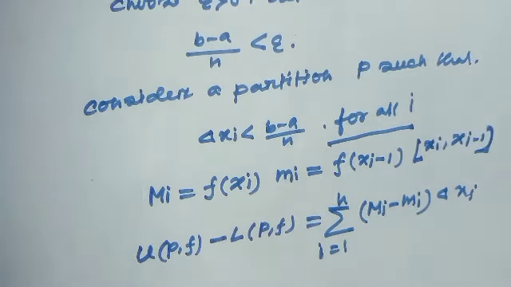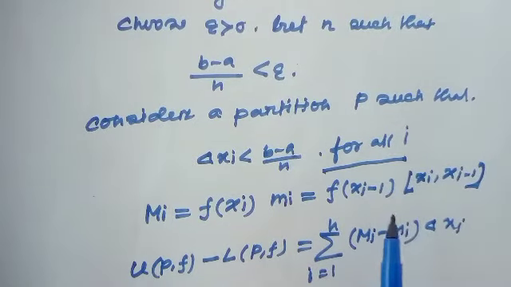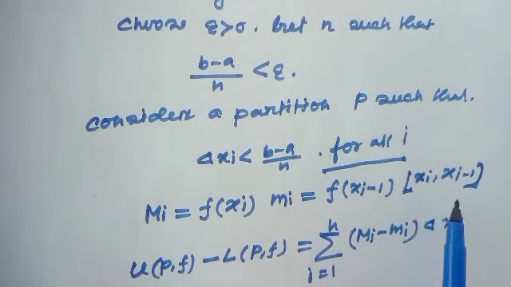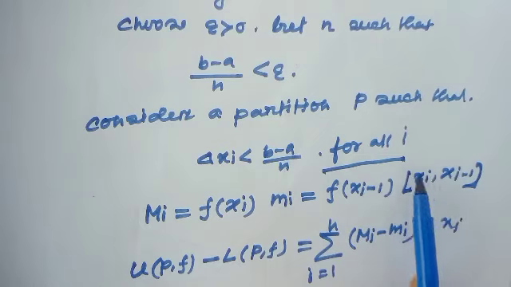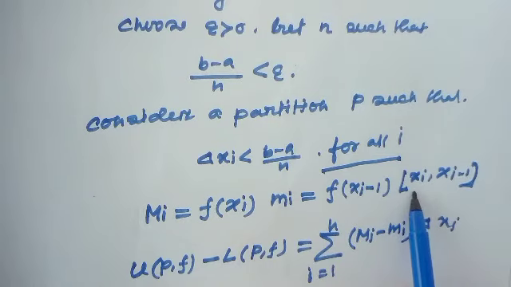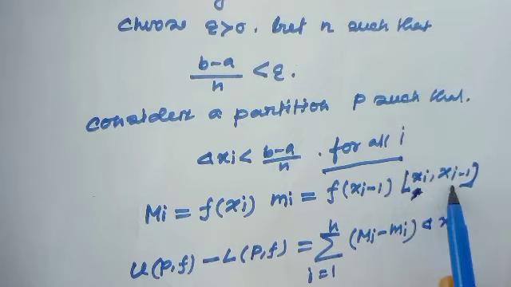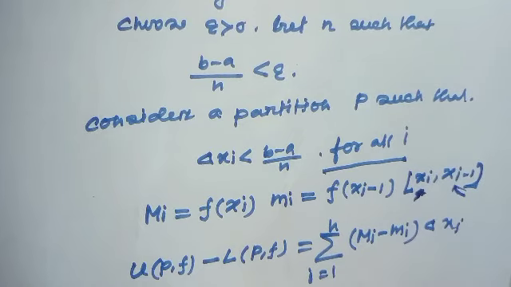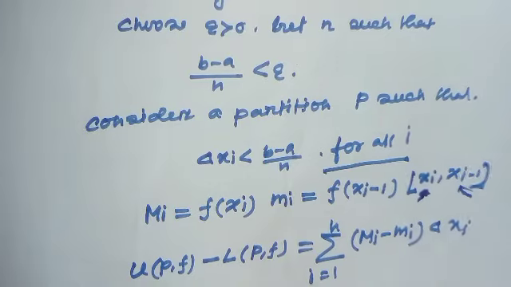Then the difference UPF minus LPF equals the summation i equal to 1 to n of (capital Mi minus small mi) times delta xi. Since the function is monotone increasing, obviously at the right hand point the function has a maximum value, and at the left hand point it has a minimum value.